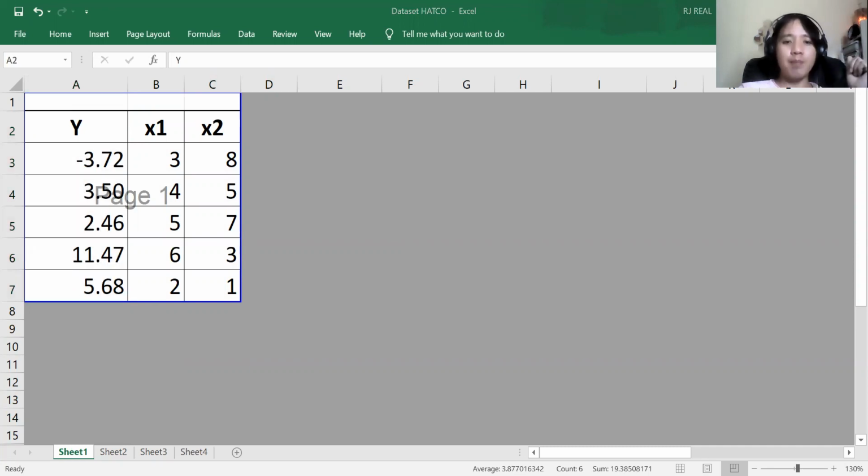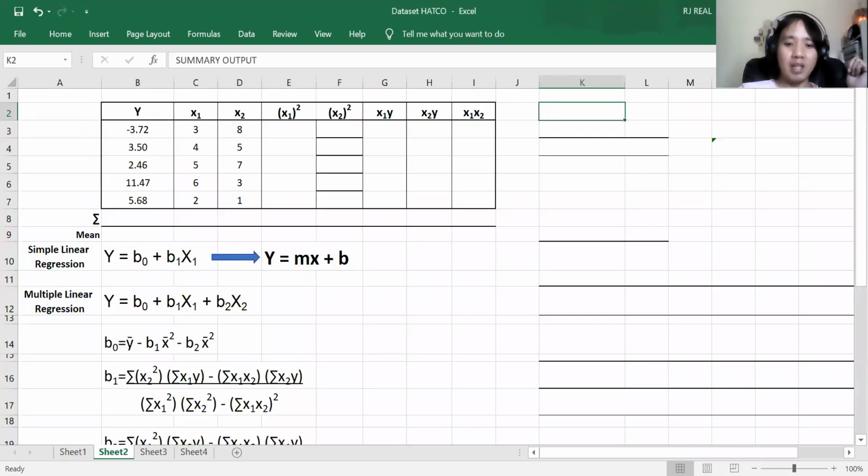Before I proceed to the manual computation, let me give you a quick recap. Recall our algebra, and as Sir Lawrence said in his presentation just recently, the linear regression function was adapted from the linear function y equals mx plus b.